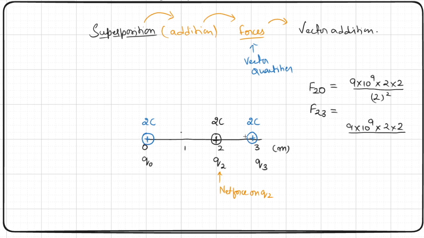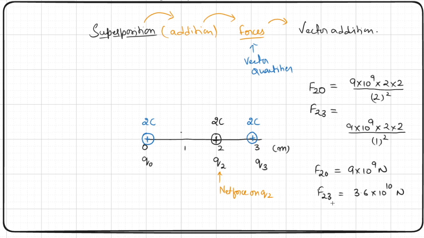But the distance between them is now only 1, so it will be 1 squared. If you calculate the magnitude, you will get F20 equal to 9 into 10 raised to power 9 Newton. And you will get F23 equal to 3.6 into 10 raised to power 10.